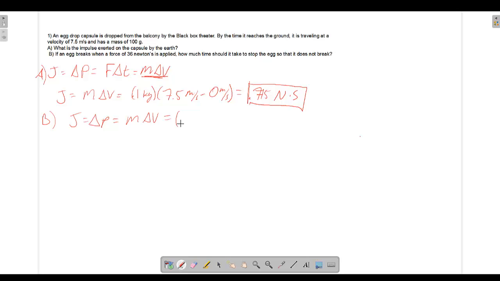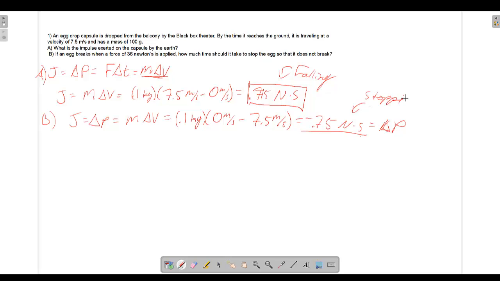So we have the same equation: 0.1 kilograms times 0 meters per second as our final velocity, minus 7.5 meters per second as our initial velocity, which will give us this time a negative 0.75 newton seconds. So that is our delta P, our impulse for when it's stopping. This is the impulse for falling, and this is the impulse for stopping when it hits the ground.